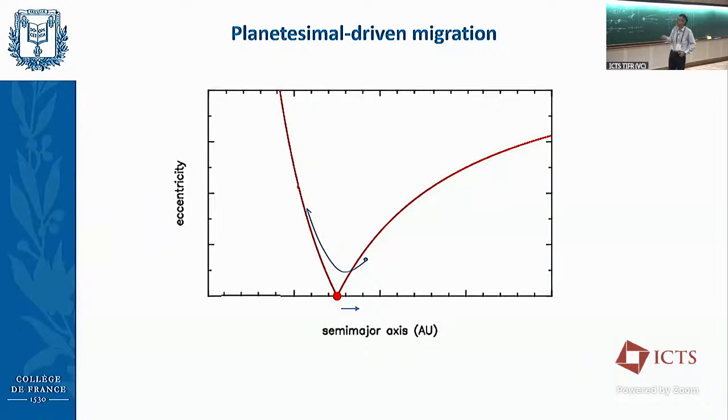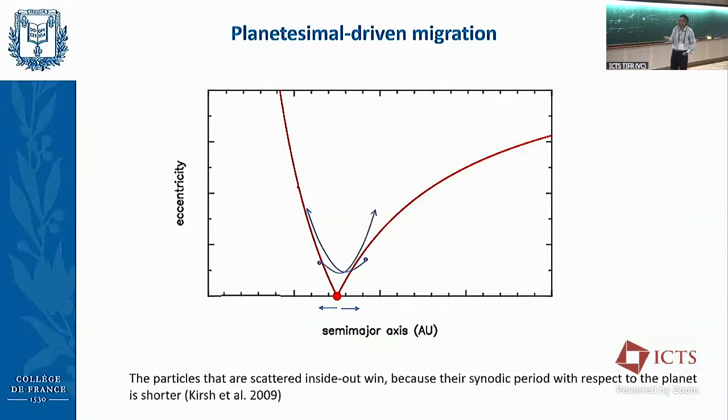Whereas if the planetesimals are scattered inward, the planet moves outward and can encounter new planetesimals, because your planetesimals are outside the orbit of the planet. So clearly, if all the planetesimals are outside the orbit of the planet, the dominant scattering process is outside in, moving the planet out.